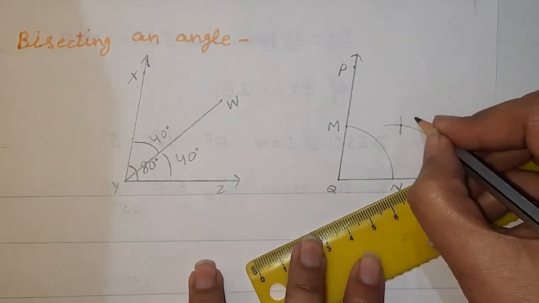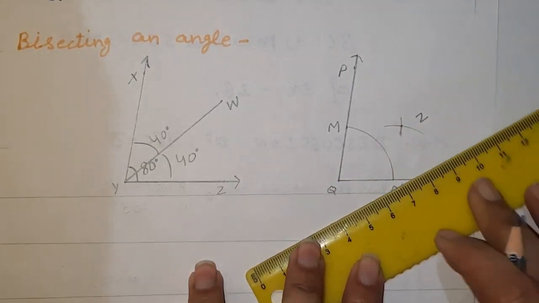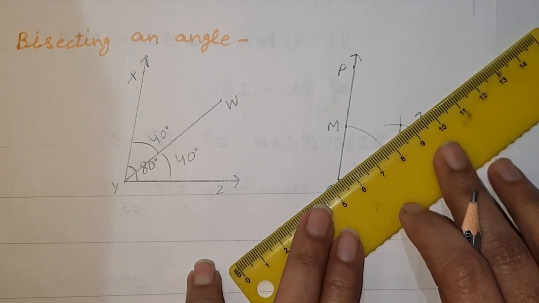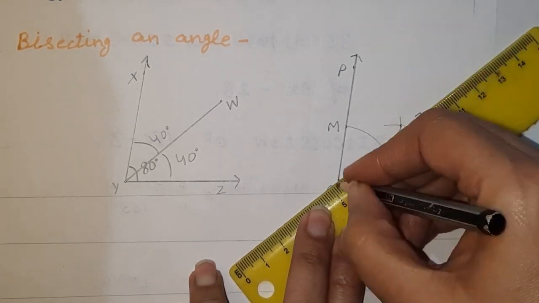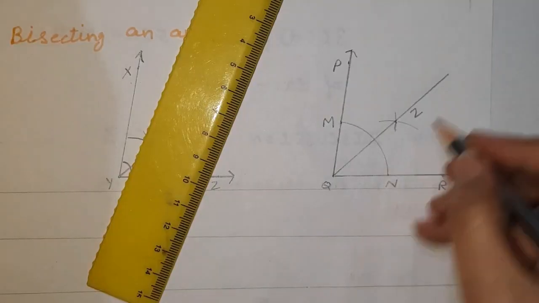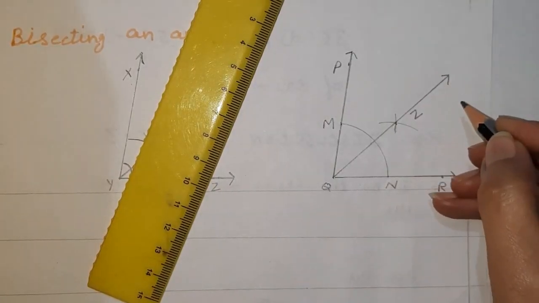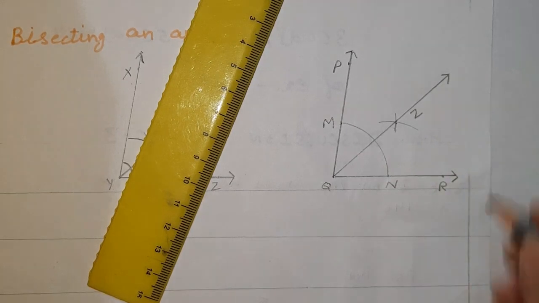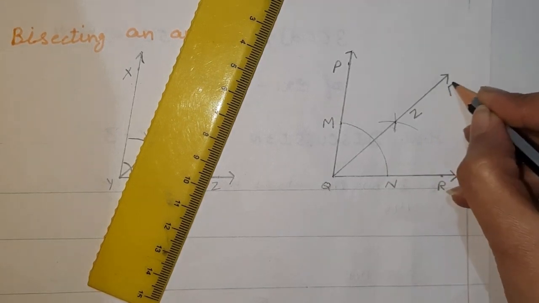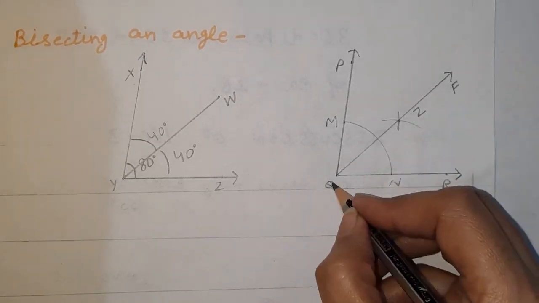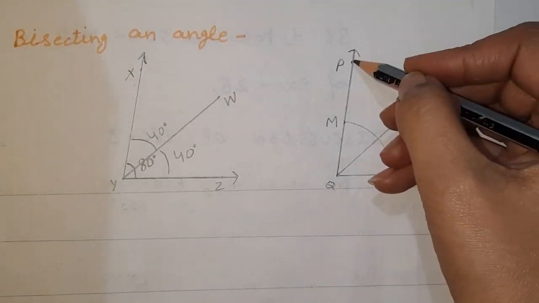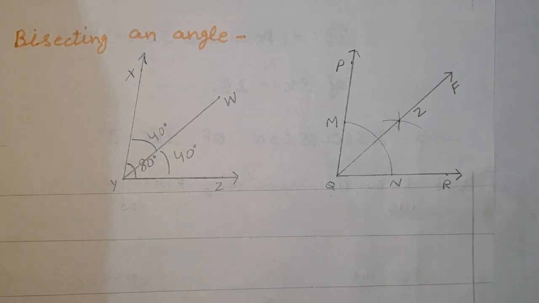Give the name to this meeting point Z. Join Q and Z, and produce it to F. So here FQ is the bisector of angle PQR.